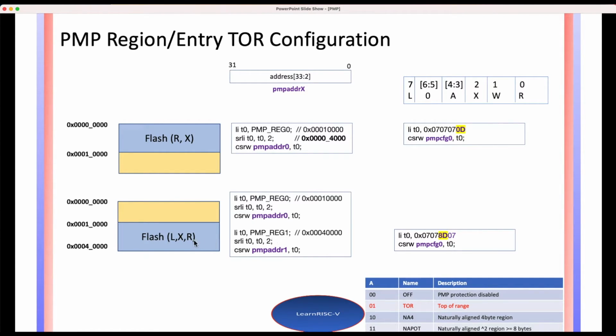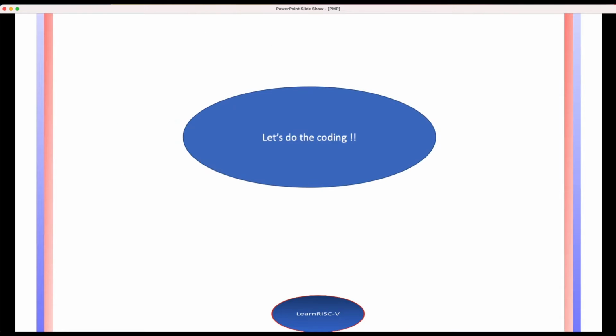For example, the address matching would be done between the address in the previous PMPADDR register and the current one. That's the only difference. And the address matching bits would be 0 1 instead of 1 1 as in NAPOT, or naturally aligned power of 2.